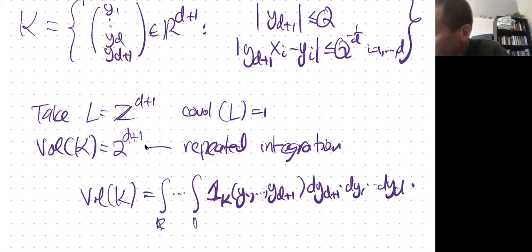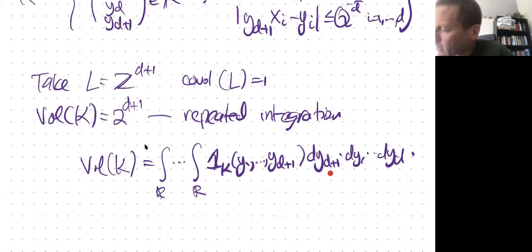So where does the variable y_(d+1) live? The variable y_(d+1) lives in an interval of length 2Q.